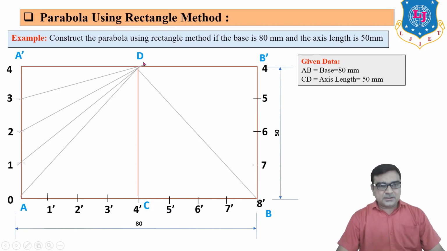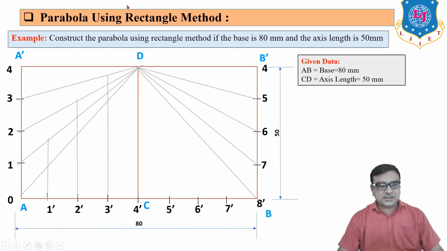Now here join D to 8 dash, 7, 6, 5 and 4. Now to obtain the points of the parabola, we have to draw the vertical line from this 1 dash, then 2 dash, 3 dash.